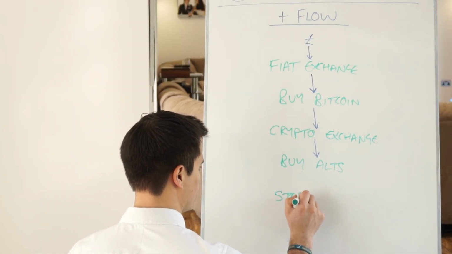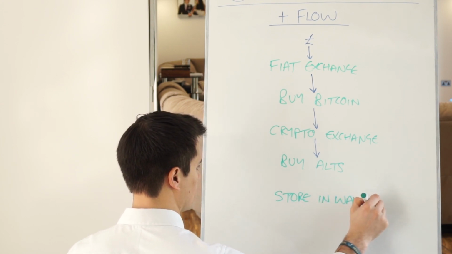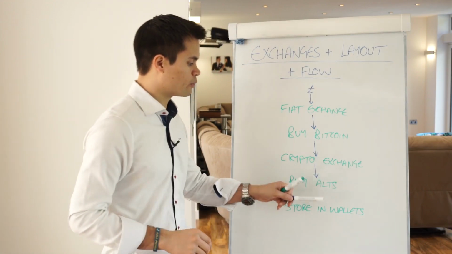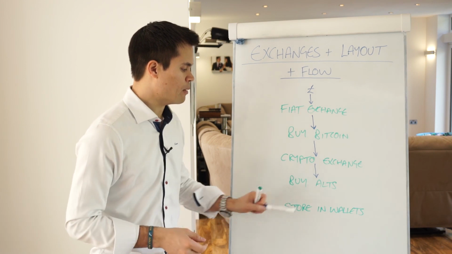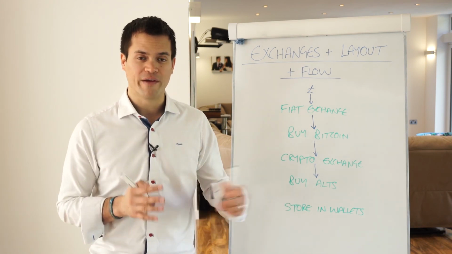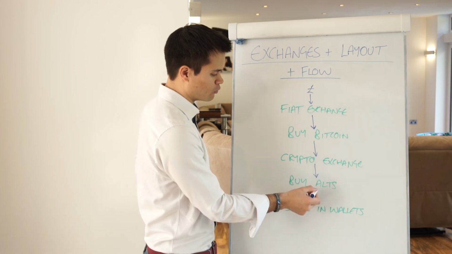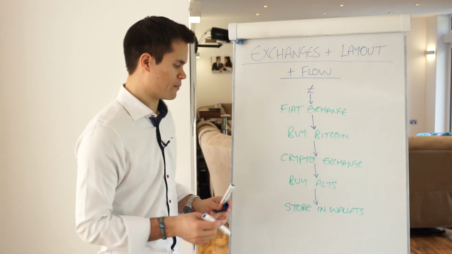Store in wallet. Wallets. Again, we're going to be covering wallets in more detail in following videos, but basically you need a wallet for each type of crypto you may have. A wallet for your Bitcoin, a wallet for your Neo, a wallet for your Cardano, whatever it may be.